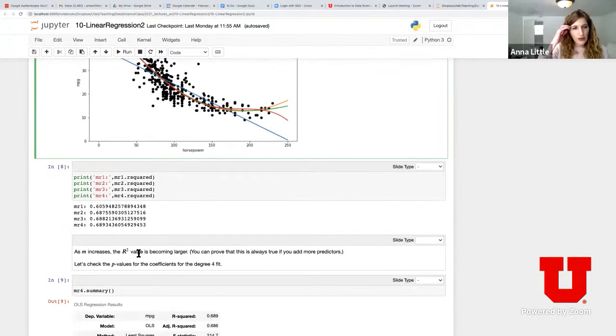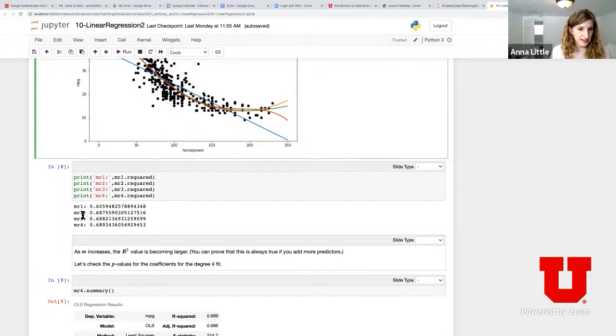Okay, and then if we look at the R-squared values that go along with these fits, for the linear model you get an R-squared of 60.5%. So the linear model can account for 60.5% of the variation in miles per gallon.